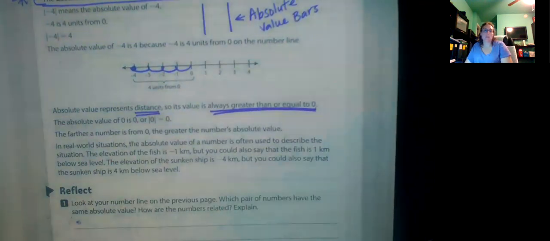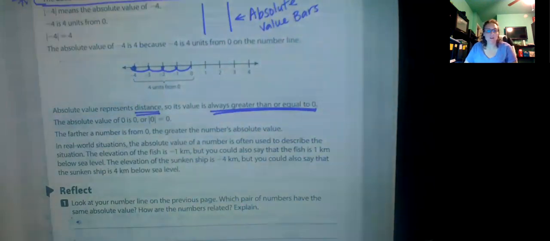So distance is always greater than or equal to 0. So the absolute value of 0 is 0. It's 0 units from itself. The farther a number is from 0, the greater the number's absolute value. So like if you had the absolute value of -100, it's 100 units from 0.